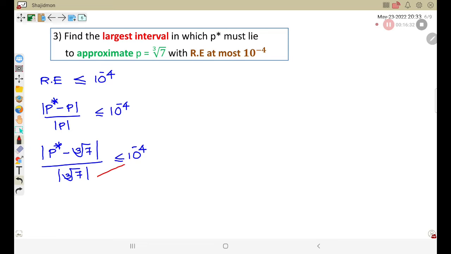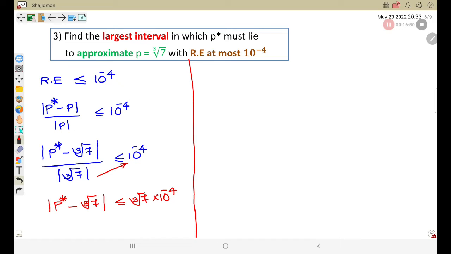Now this cube root of 7 you can cross multiply to the other side, so we get absolute P star minus cube root of 7 less than or equal to cube root of 7 multiplied by 10 power minus 4, because absolute cube root of 7 is the same number, since the number is positive. Now we need to remove the absolute symbol and write the interval, correct?